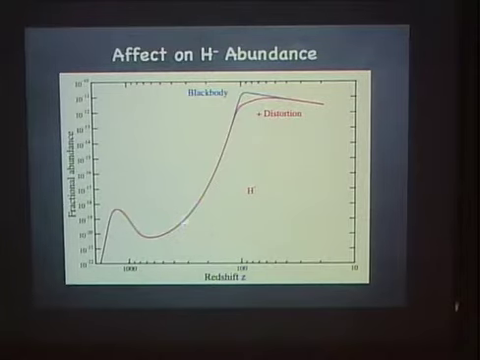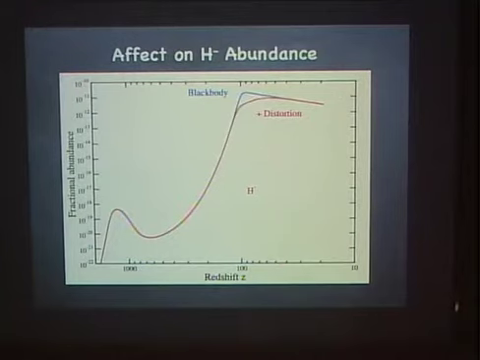The rise in the H- abundance is due to the fact that the black body rate is decreasing rapidly. But if you include the distortion photons, you can see that it cuts off this little peak, so reducing H-. This fall in H- over here is due to the fact that H- is then getting used to make H2, so the destruction makes H- over here at these smaller redshifts.